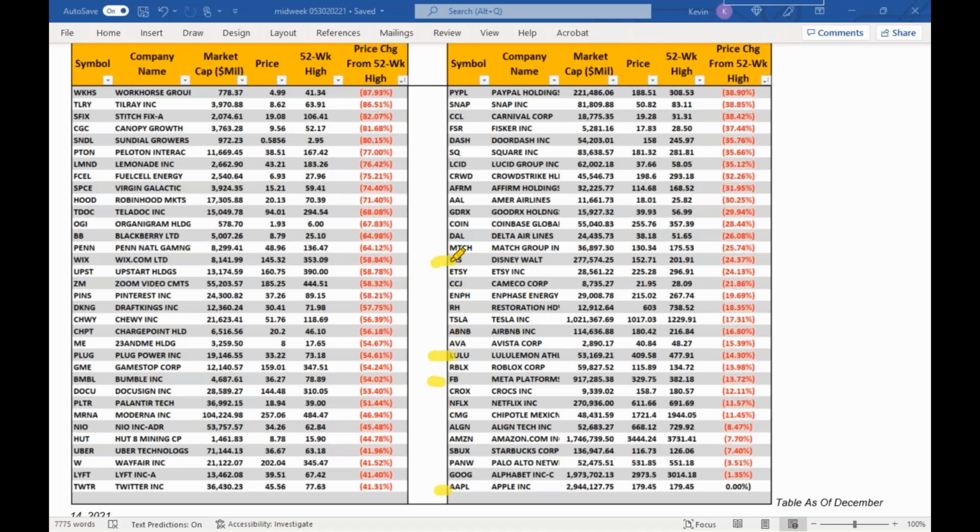Disney, 24.37%. Square, kind of one that definitely is down and down big, right?